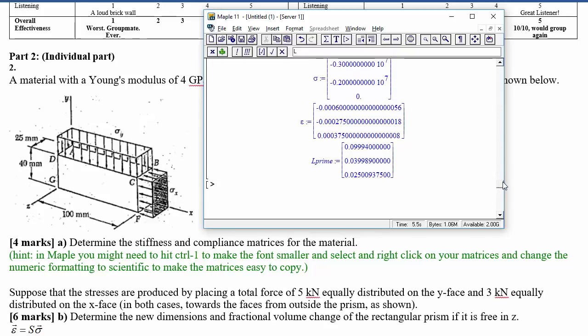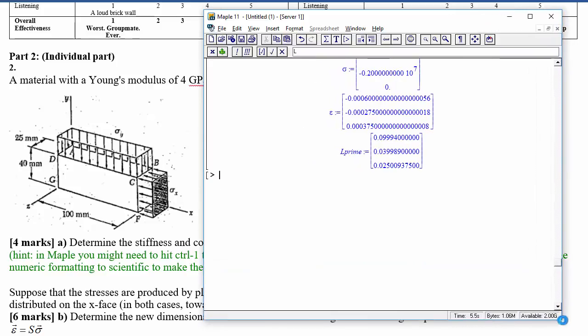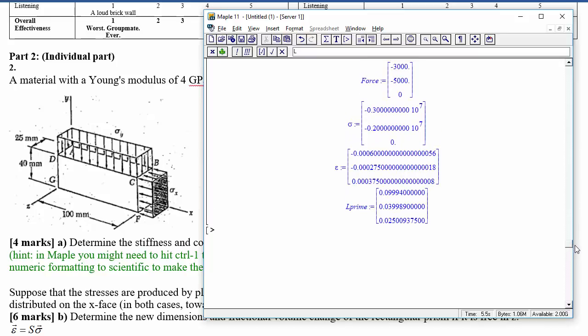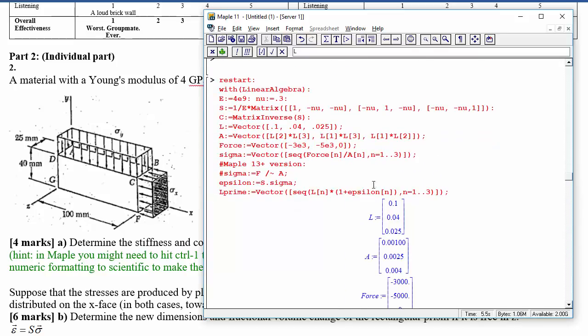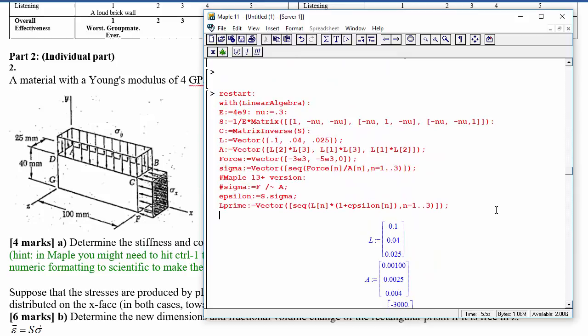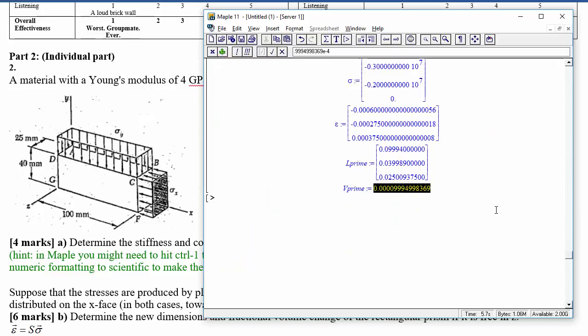And that's the new dimensions. And we can figure out what the fractional volume change would be by figuring out the new volume. So, how could we do that? New volume. The manual way to do it would be to take volume prime equal to L prime 1 times L prime 2 times L prime 3, but typing things out manually like that is definitely for scrubs.